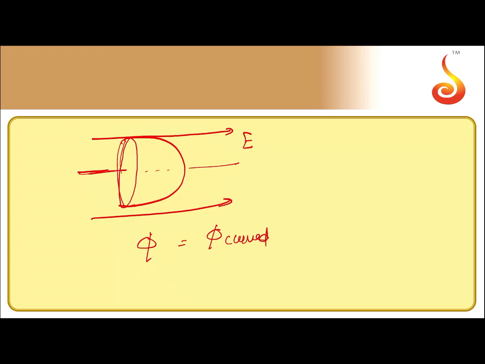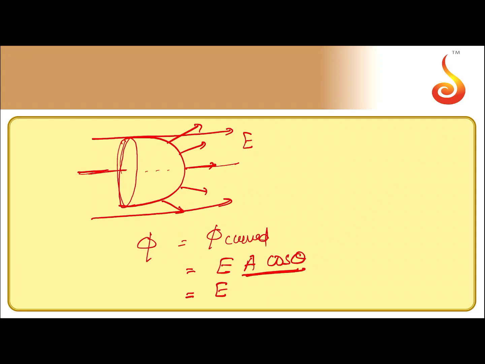So the flux is the flux over the curved surface, which is nothing but E A cos theta. The electric field is uniform everywhere. But is that theta the same at all the points? No. If I consider the area vector for different parts of this hemisphere, they are all different in direction.